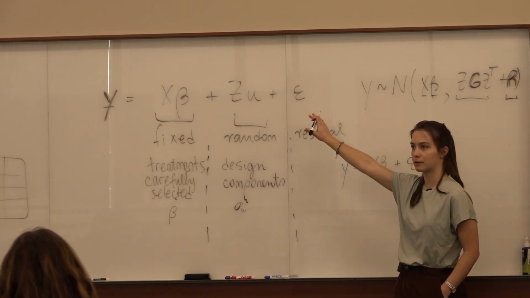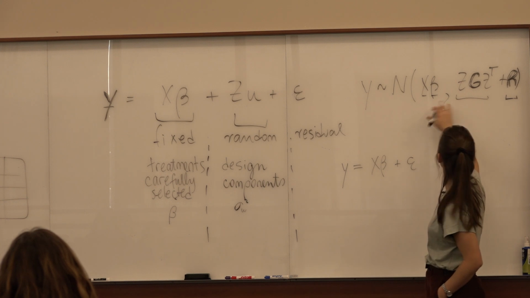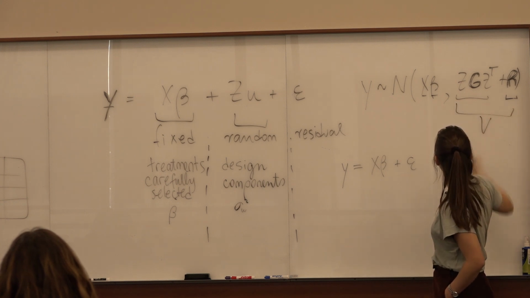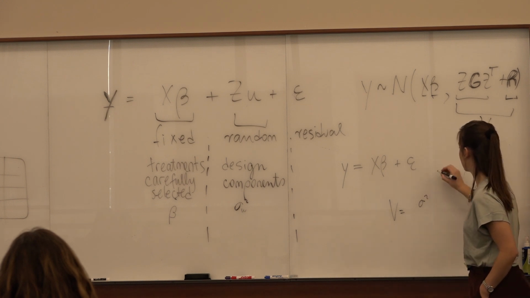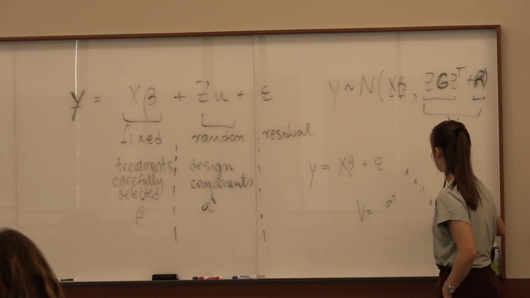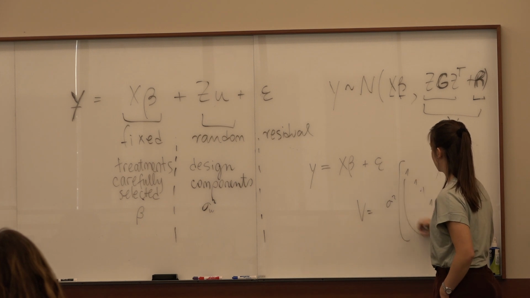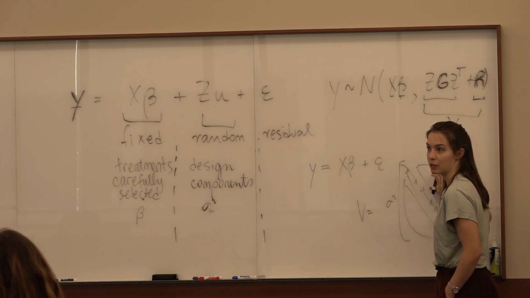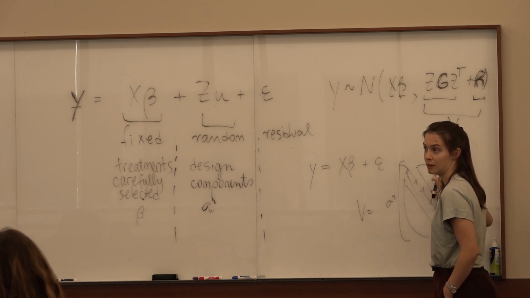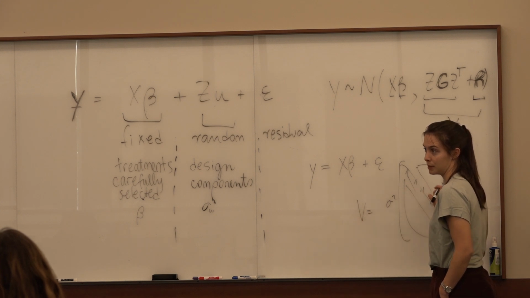No random effects. That means that this, we can call this V. This V is just sigma squared times a diagonal of 1s, right? And these are zeros. That means that this is the variance and all observations are independent because these are zeros, right? Because they are independent, we put zeros here.